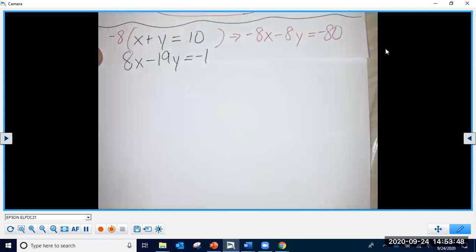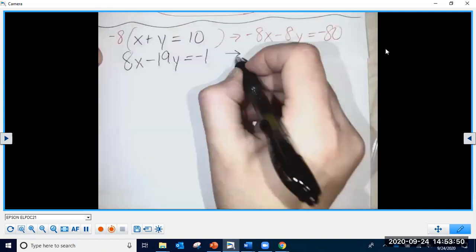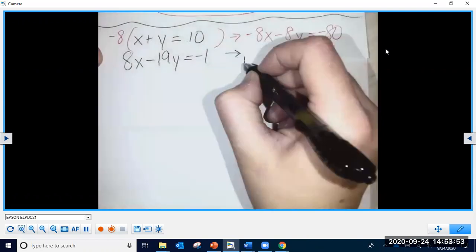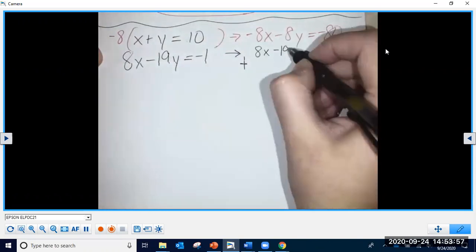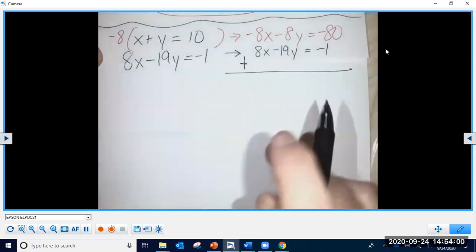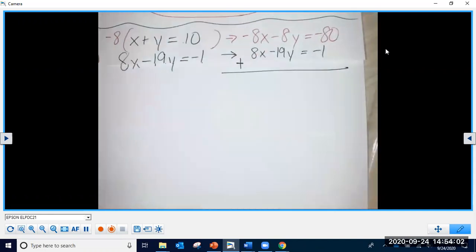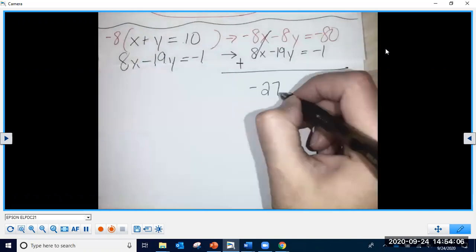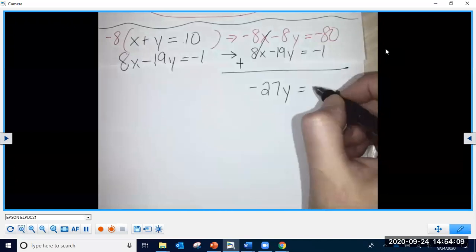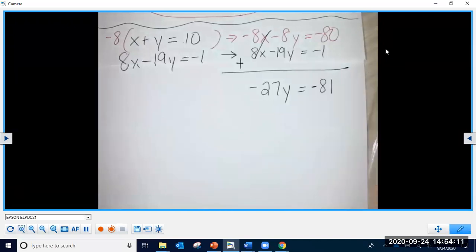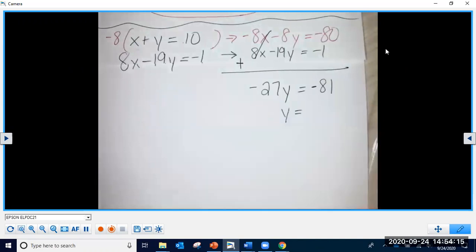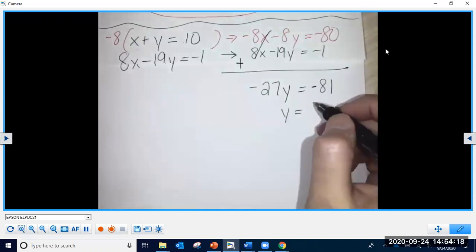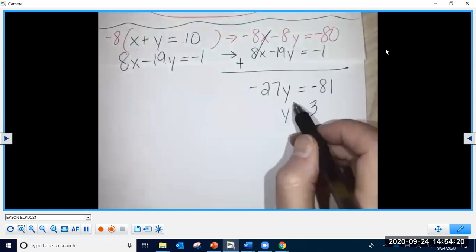And then bring the other equation over and add it. Your x's, you can see, cancel, and you're left with -27y equals -81. And you should get whole numbers in this case because you're talking about digits of a number. So they definitely should be whole numbers. So y is 3.